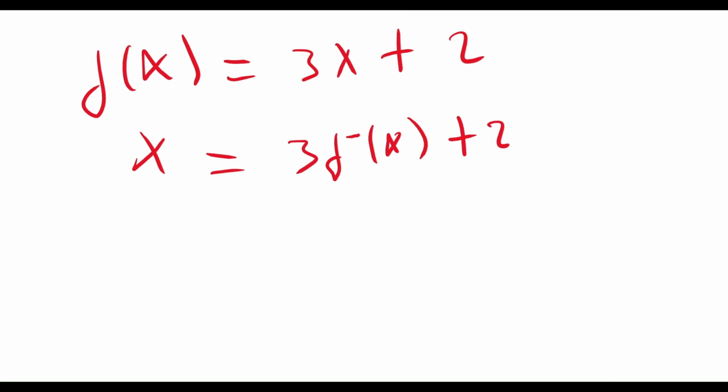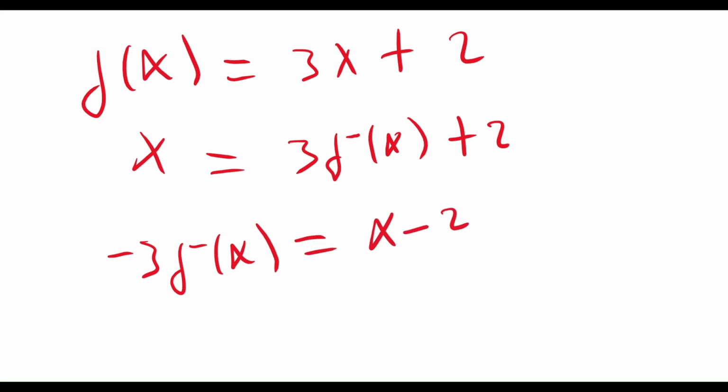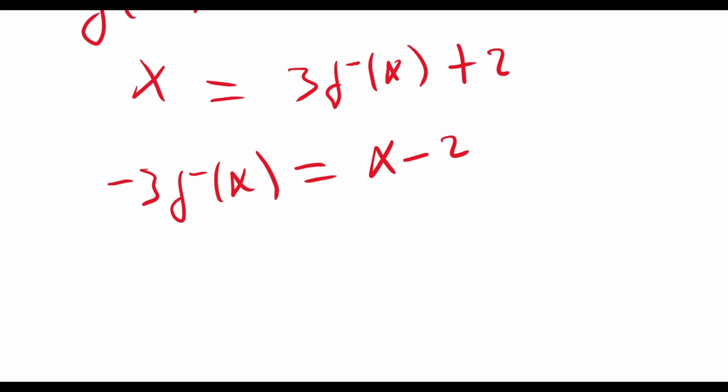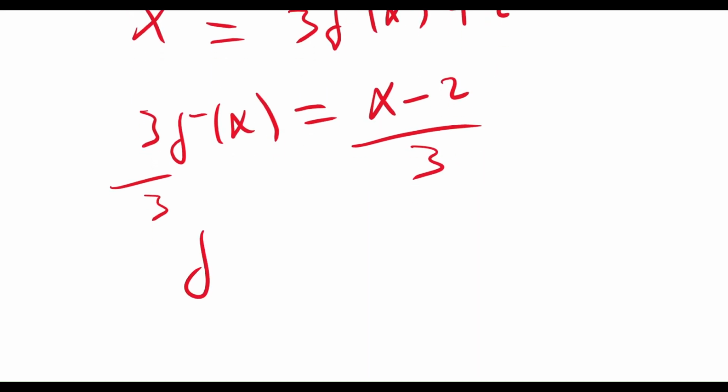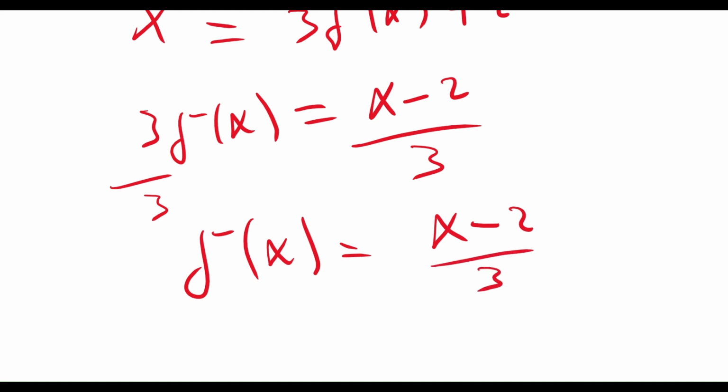So we can send this across. We're going to have 3 times the inverse function is equal to x minus 2. So we can divide this by 3. So we have the inverse function as x minus 2 over 3.